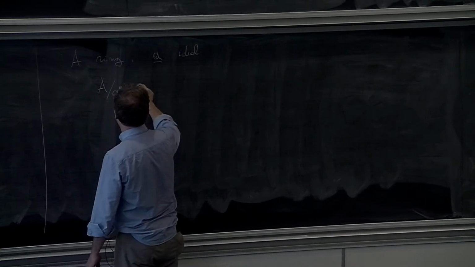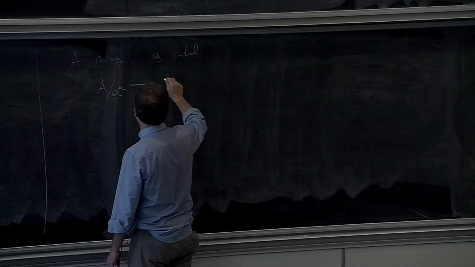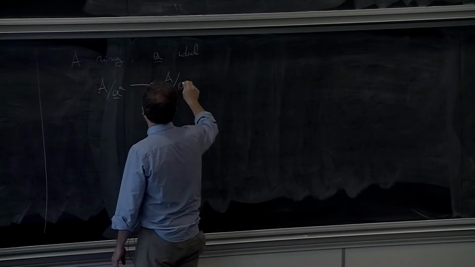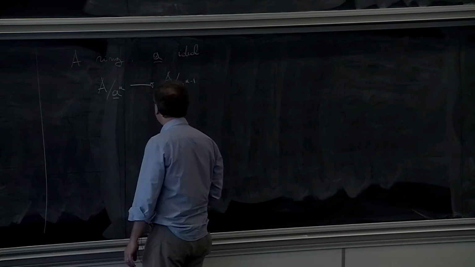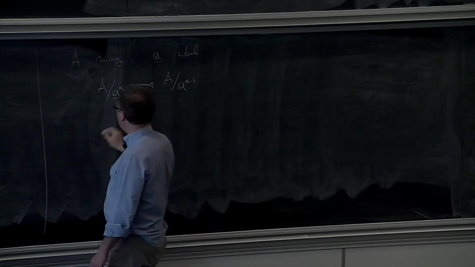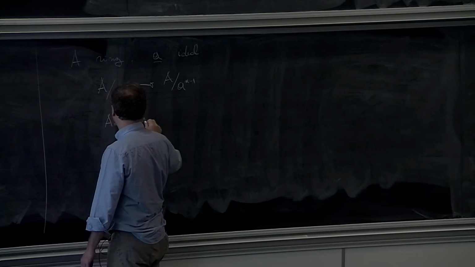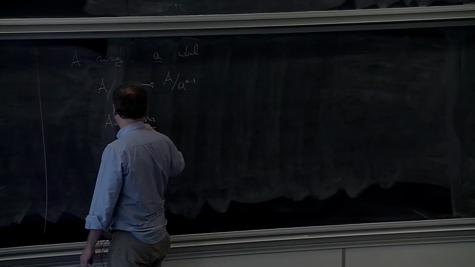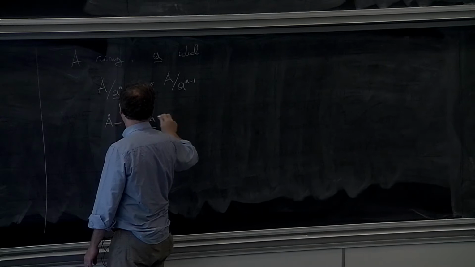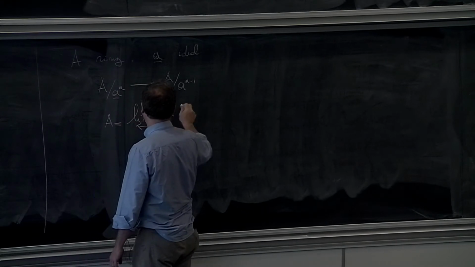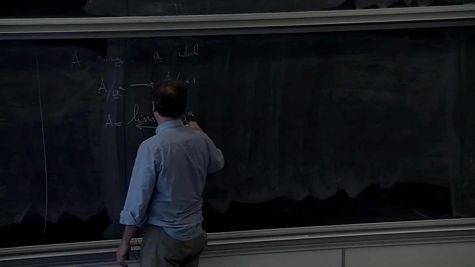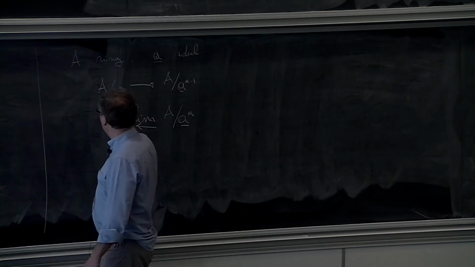And actually, this has a natural morphism to A divided by 𝔞 to the power n minus 1. So I can build another ring, which is the limit of A divided by 𝔞 to the power n, denoted A hat.